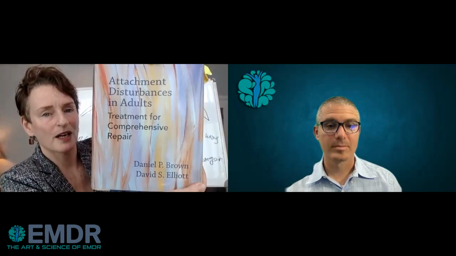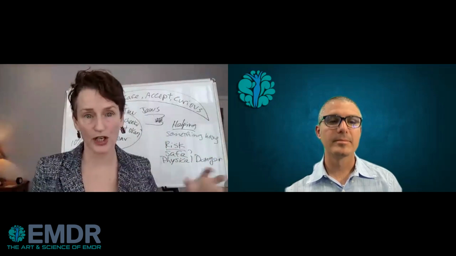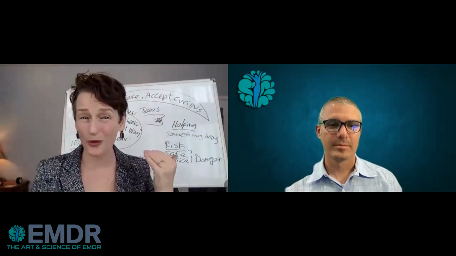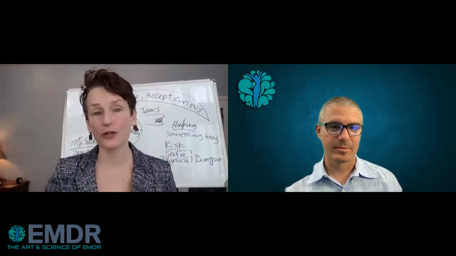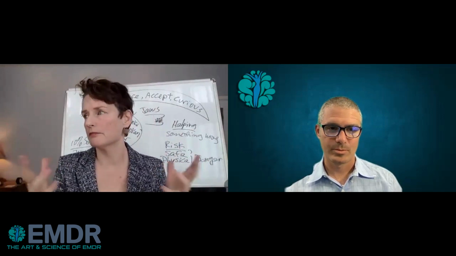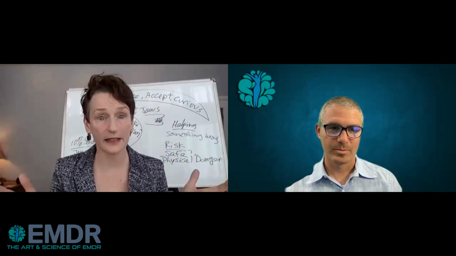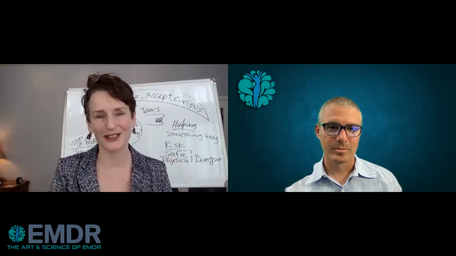It's called Attachment Disturbances in Adults, and it's written entirely from the attachment lineage on how to work with trauma and dissociation from an attachment lens. You need to know what they know, I would say, and IFS, or some parts technique that would feel good to you. I would say those would be really good to know.